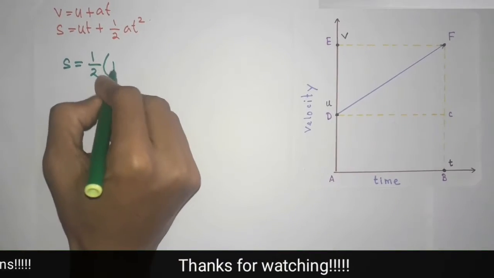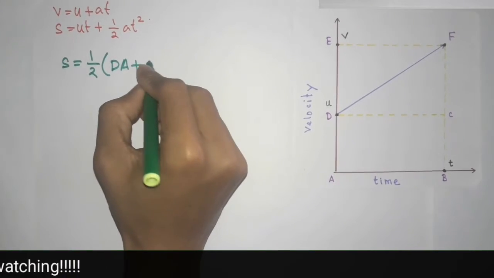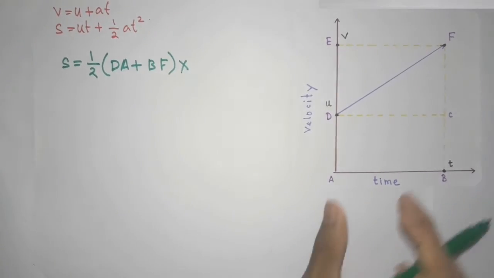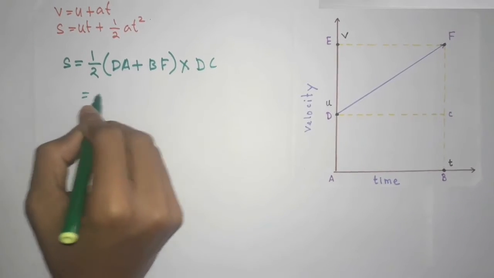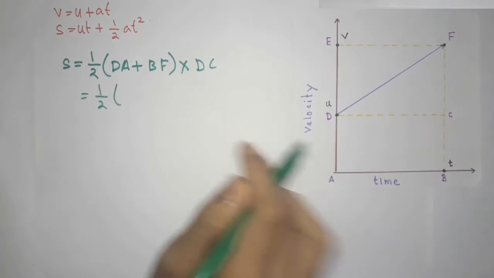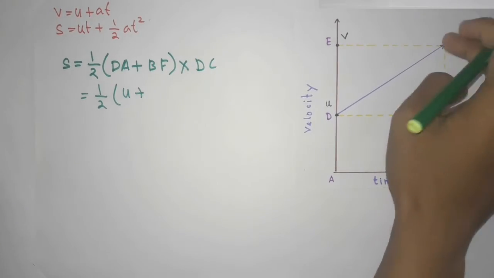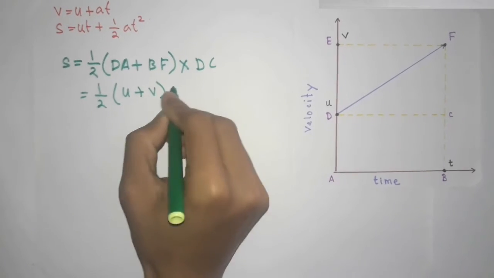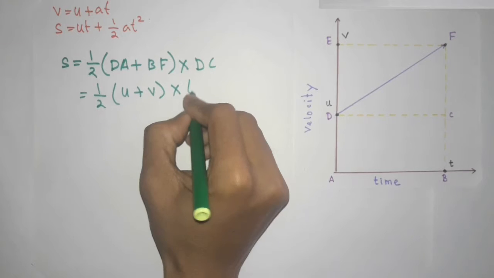DA is one parallel side plus BF is the other parallel side, into altitude, that is DC. So half into u plus v, where BF is equal to AE, that is v, into DC, which is equal to AB, that is time.